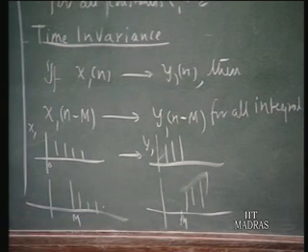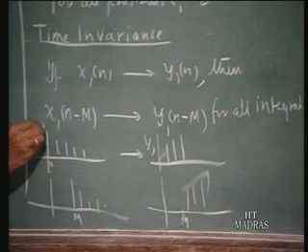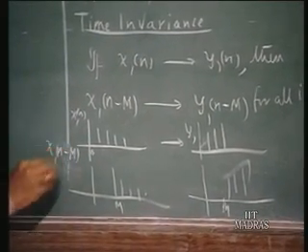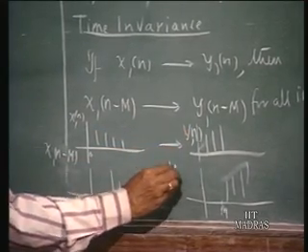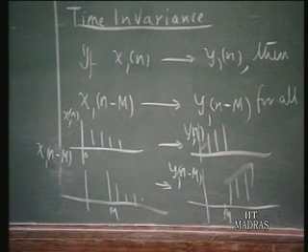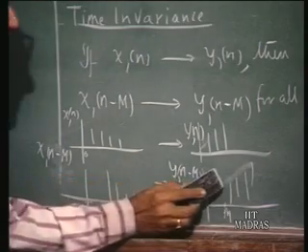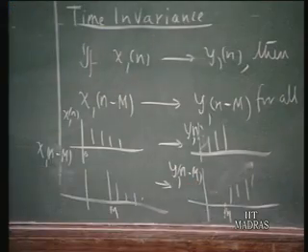So it will be like this. If you delay this input, this is x1 of n, this will be x1 of n minus m. And this is y1 of n, this is y1 of n minus m. So this will be the result. That means the same sequence of samples will arise, but it will be delayed. If this is increasing like this, this will also increase like this. That is the time invariance.